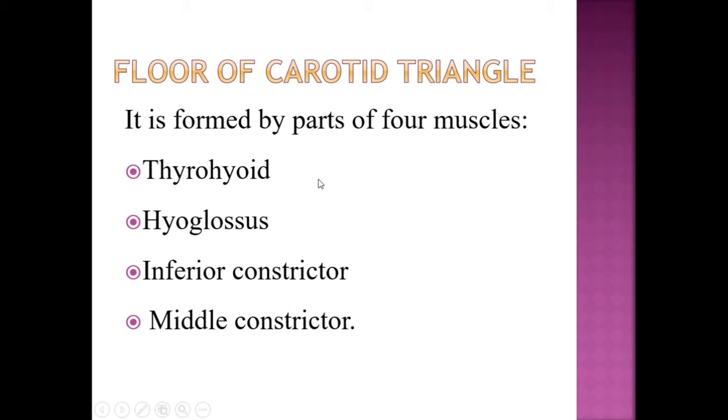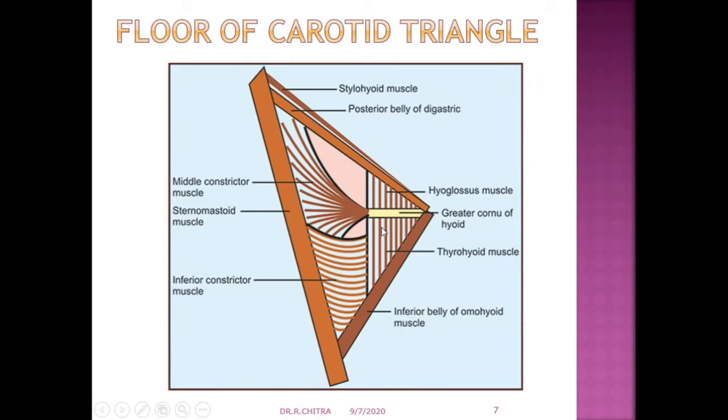So now we will see the picture. In this you can see the thyrohyoid muscle, hyoglossus muscle, middle constrictor and inferior constrictor. These are the floor muscles, parts of four muscles. The hyoglossus extends upwards from the greater cornu of the hyoid bone, where it will be overlapped by the mylohyoid muscle.